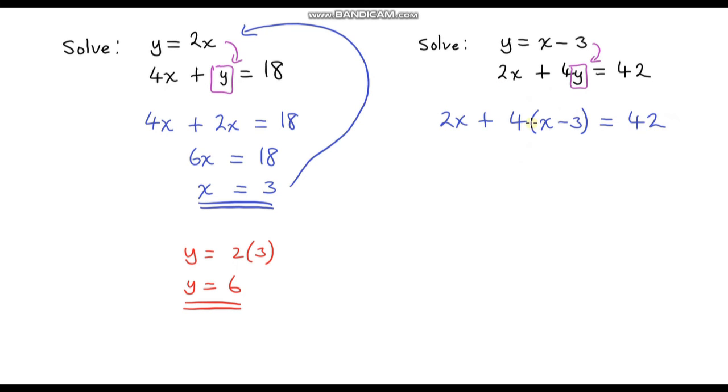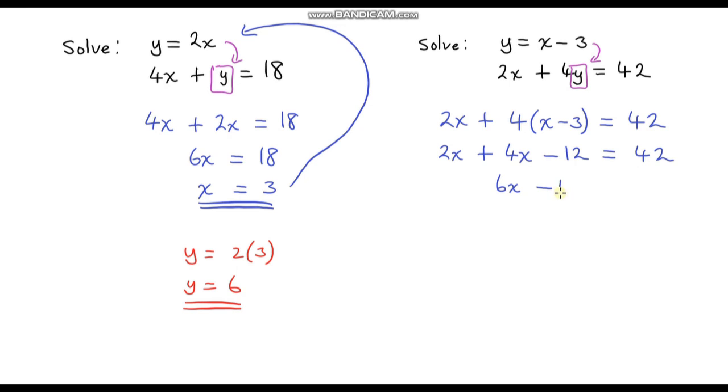So we've got our equation now. So we just need to solve this. Because we've got brackets, let's expand the brackets. So we've got 2x, and then 4 times x is plus 4x. And then 4 times -3 is -12. And that equals 42. So now if we simplify this part, 2x plus 4x is 6x.